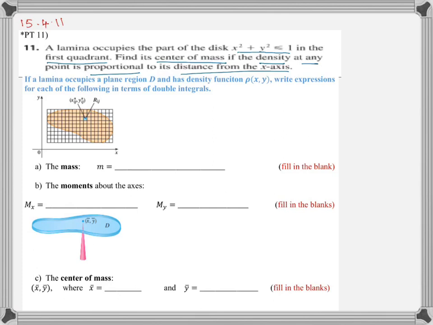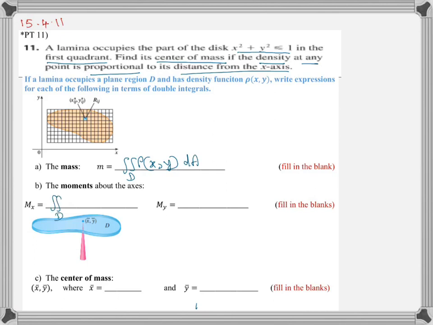Before that, we first write down the formulas to get the mass of the lamina, the moments about the axes, and the center of mass. If a lamina occupies a plane region D and has density function rho of (x, y), the mass M equals the double integral over D of rho of (x, y) dA, or dy dx.